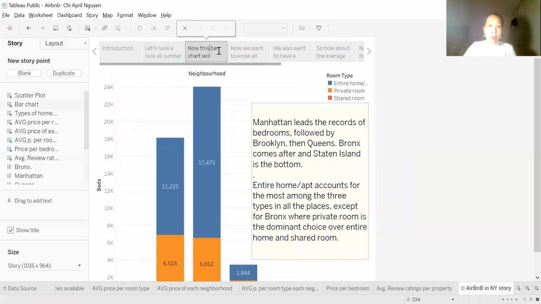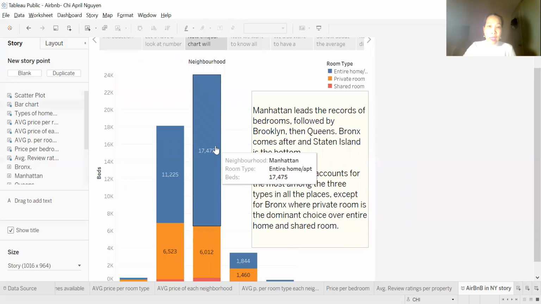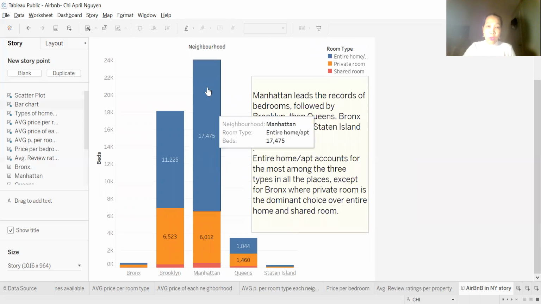Now let's have a look at this bar chart in which we can see the number of bedrooms as well as the number of each room type. Here we have the 3 room types, which are entire room apartment, private room, and shared room. Looking at the chart, we can see that Manhattan lists the most bedrooms, followed by Brooklyn, then Queens.